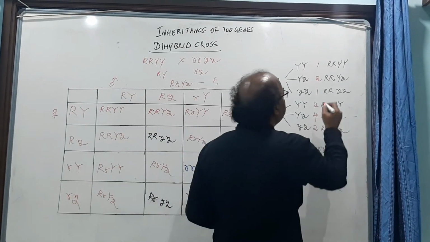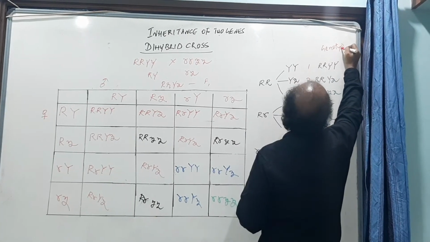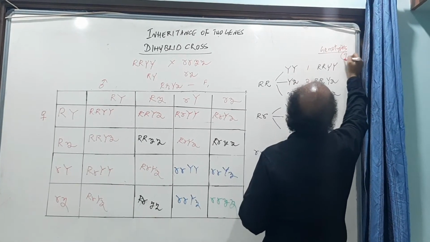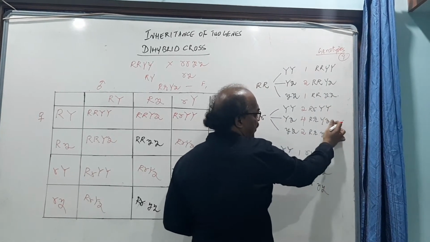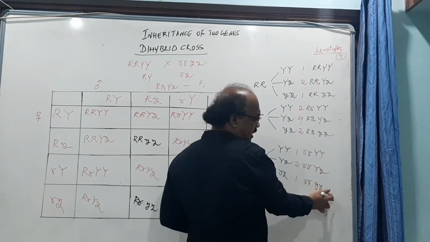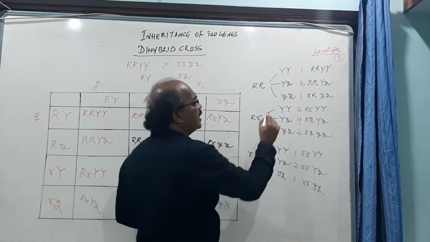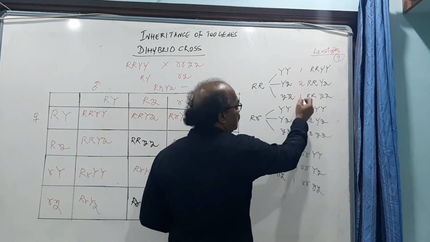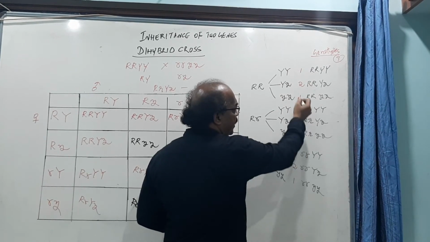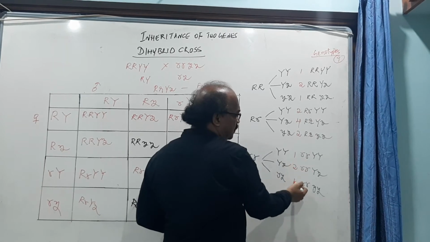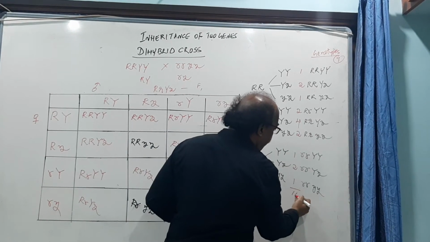So coming to the genotypes. Genotypes 9. 1, 2, 3, 4, 5, 6, 7, 8, 9. Number of plants 1 plus 2 plus 1, 4. 2 plus 4 plus 2, 8. 8 plus 4, 12. 1 plus 2 plus 1, total 16 plants.